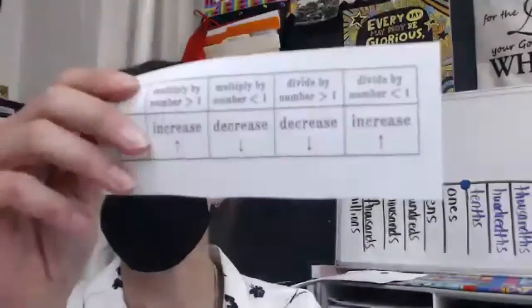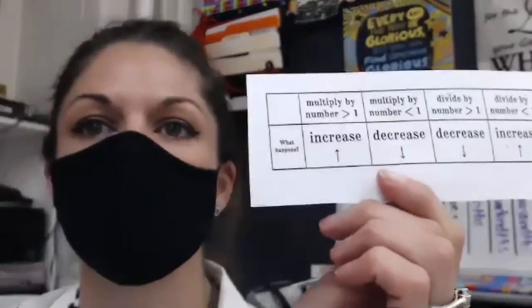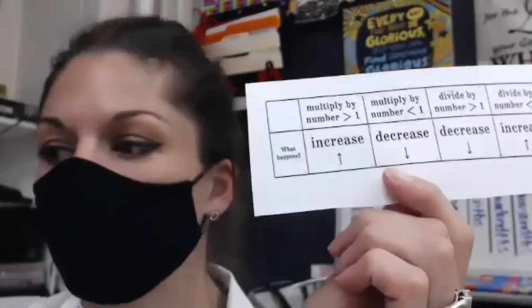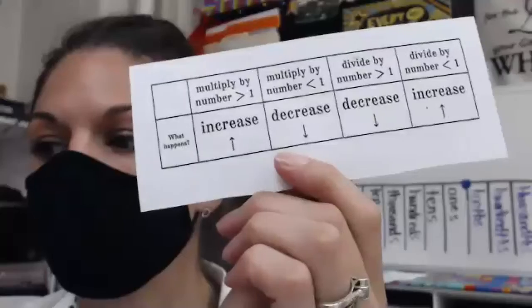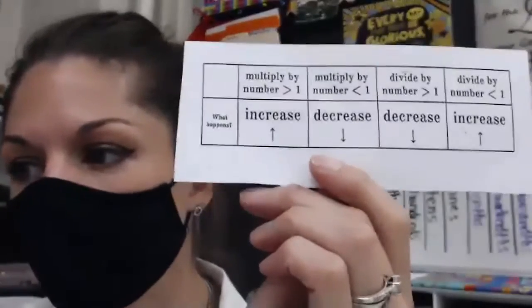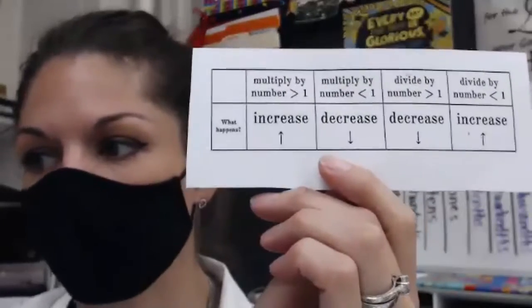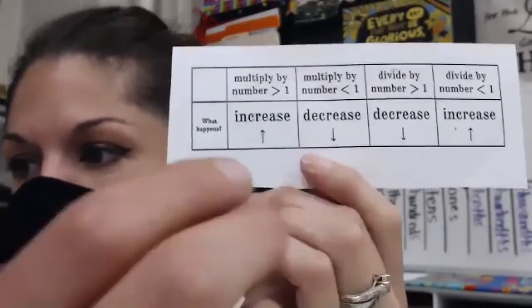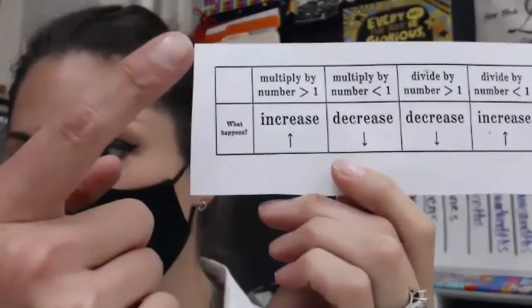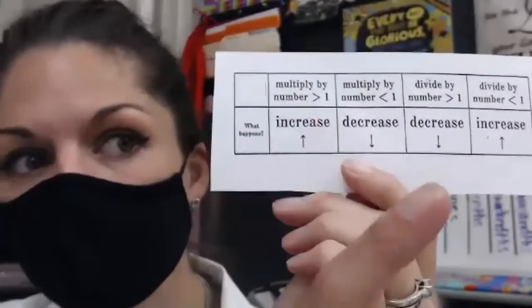Everyone look at the itty bitty one. I organized this chart for you so that we could start to understand how the operations of multiplication and division are related but opposite.